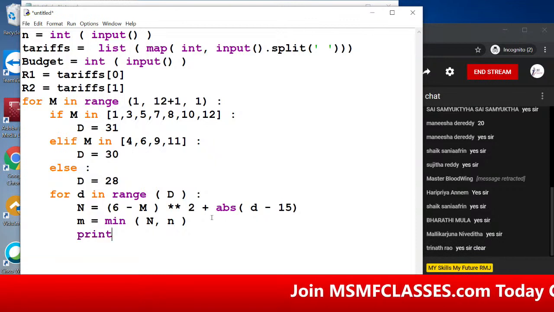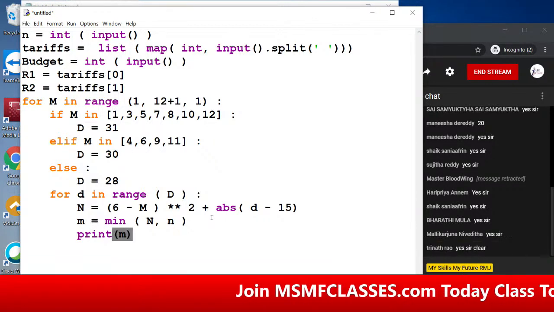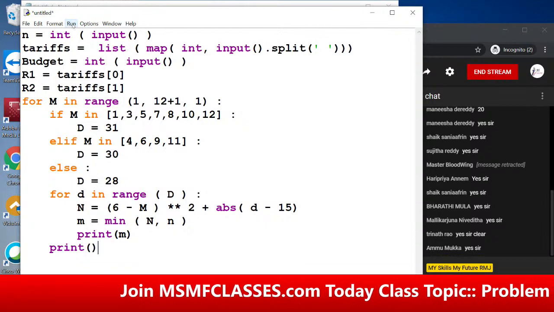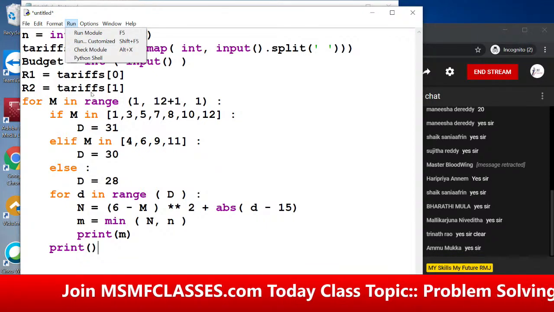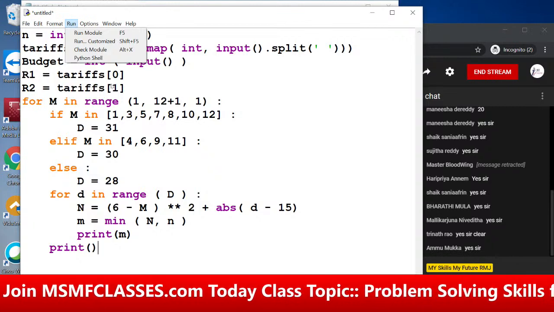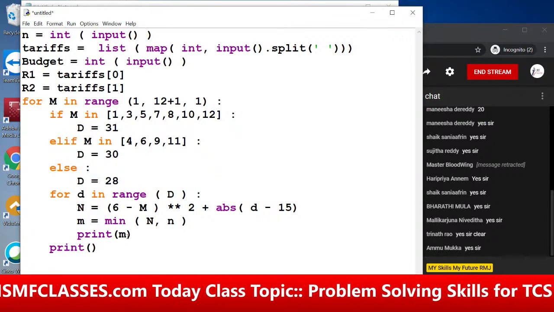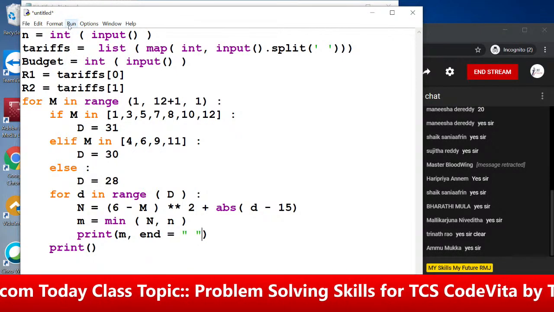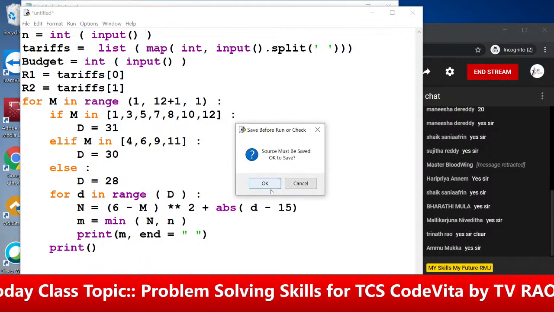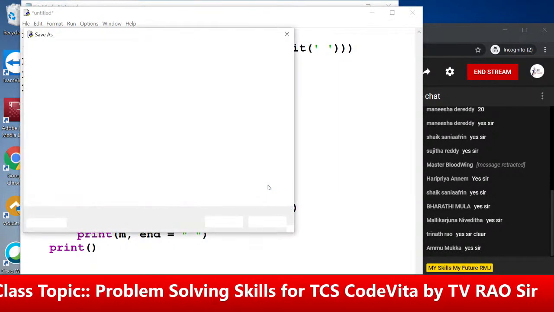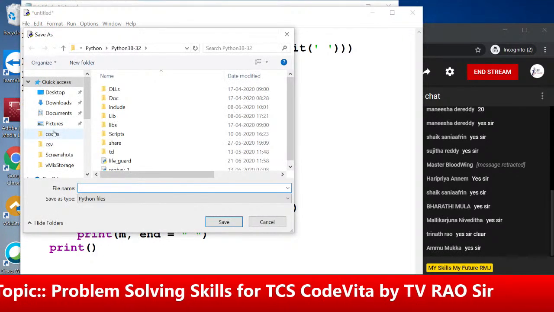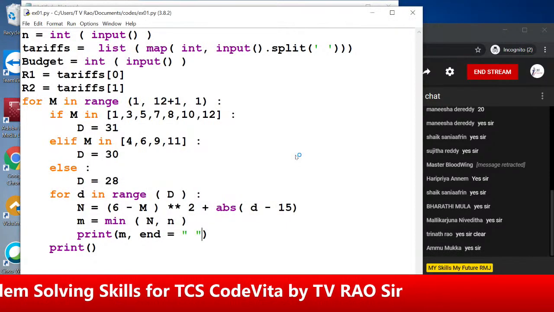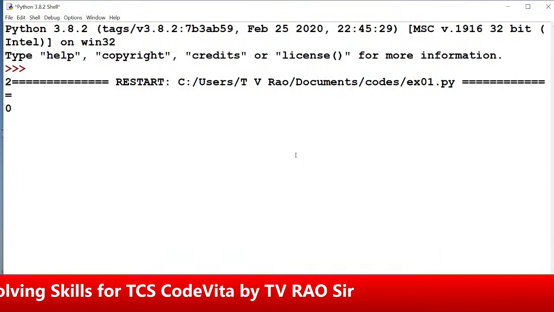Now let us do one thing. Let us print the number of patients in every month. You can see here on no day it exceeds 20, because the number of rooms is 20. Let us save this somewhere.